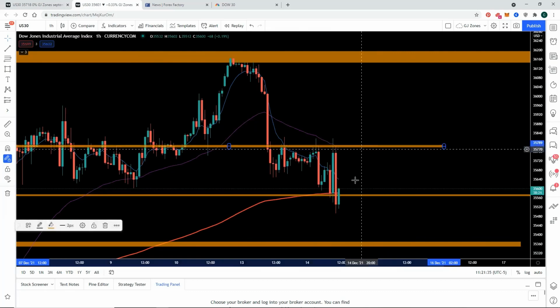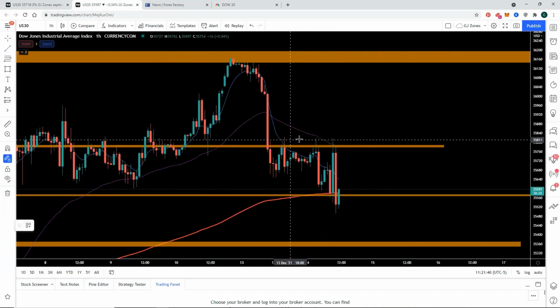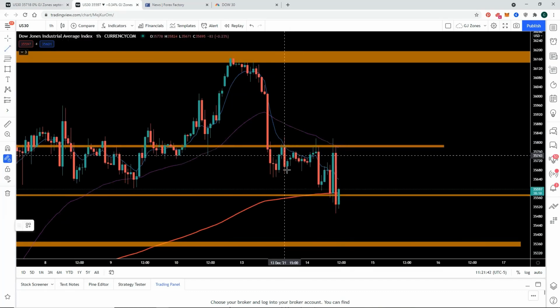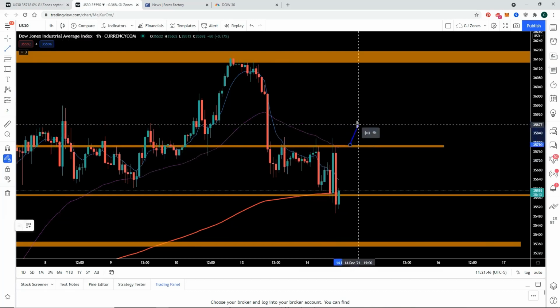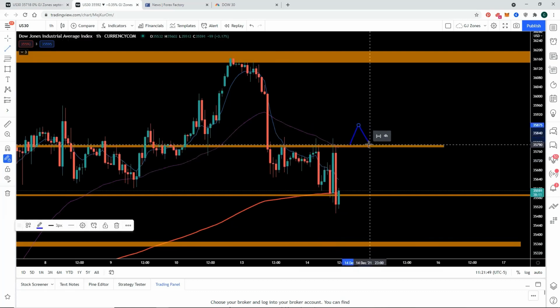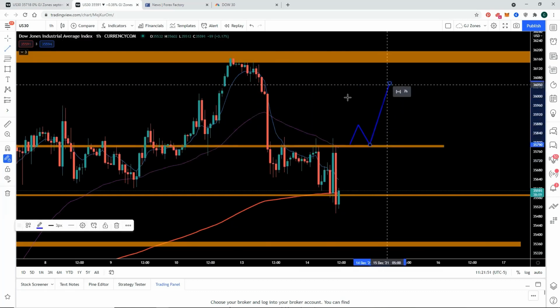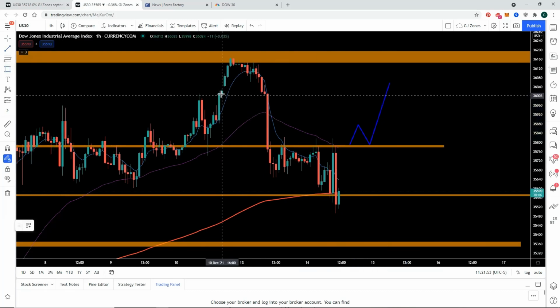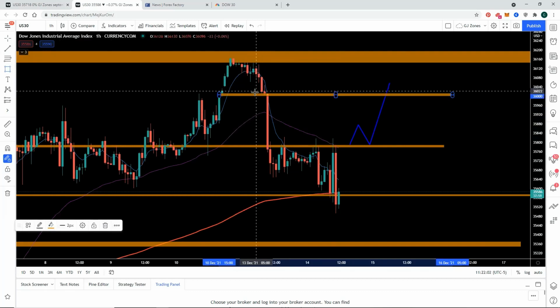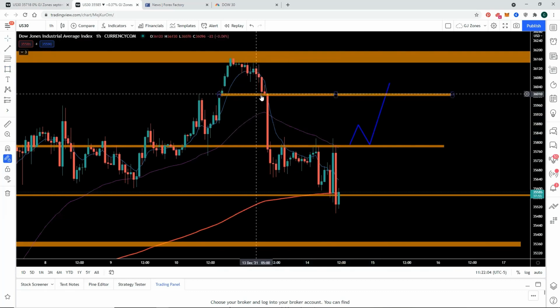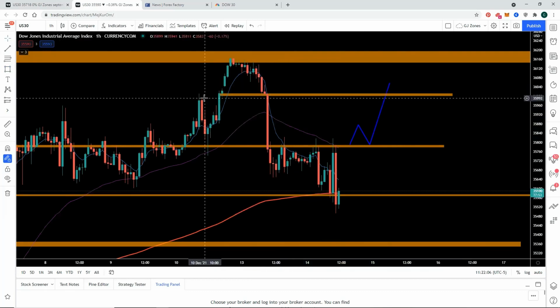But if you want to look for a trade within this range, I would recommend waiting until it breaks this level of resistance where price tested it, rejected 3 times. I would just wait for it to break and then retest and then continue up. And probably I would set the target to like right here, because if you look left, there was some consolidation where price had a difficult time going down or getting past this area.